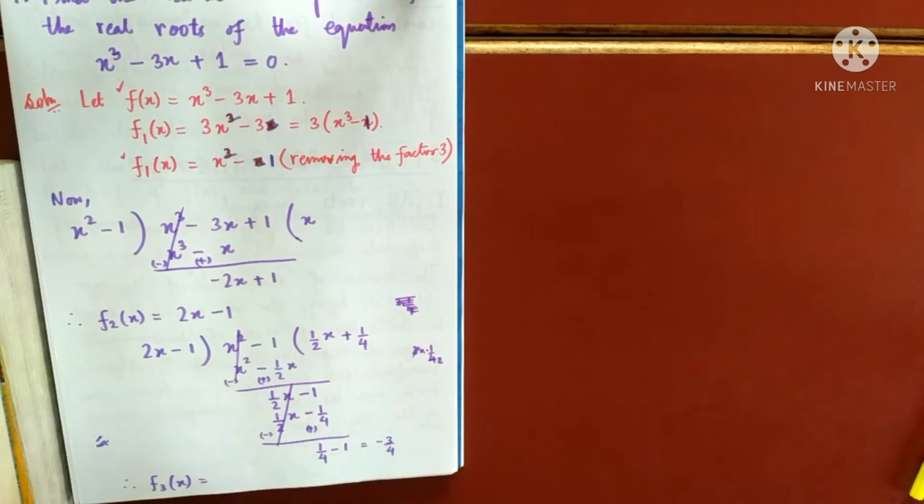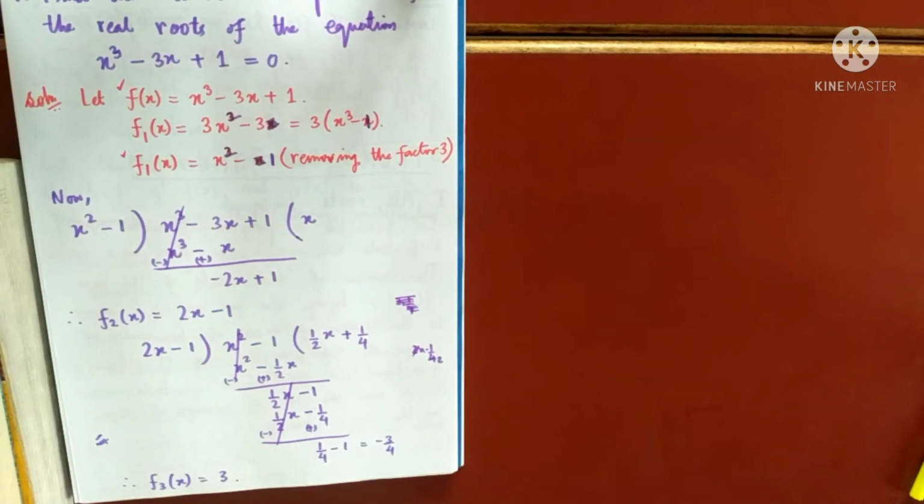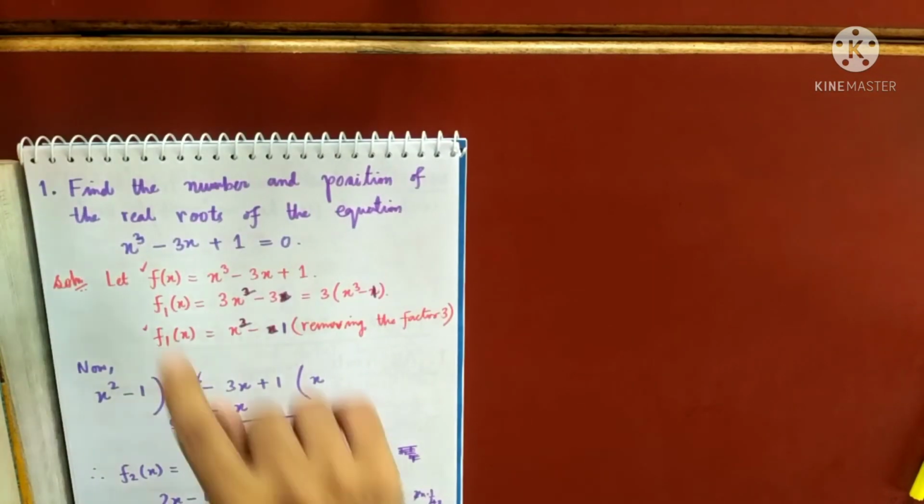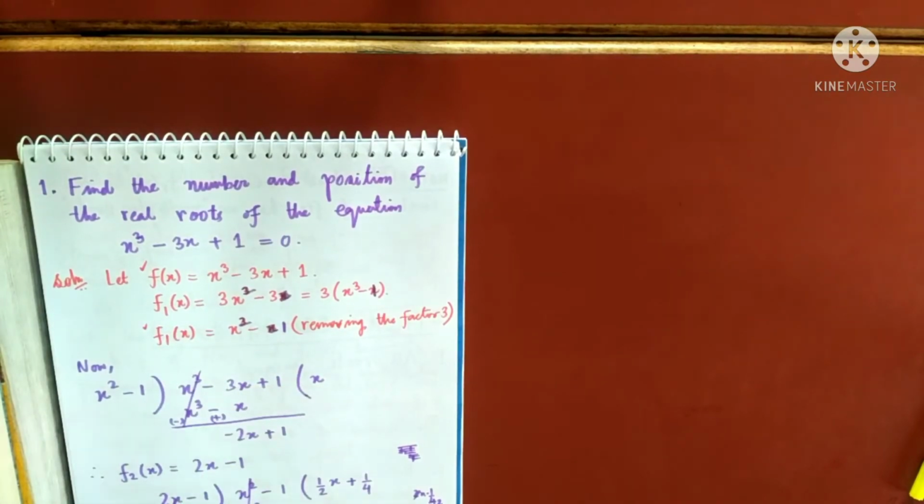But I have to change the sign, so 3. Am I clear up to here? Going beyond this is not important because now your remainder is a constant, so we'll stop here. So what are the auxiliary functions we have got? Fx, f1x, f2x and f3x.